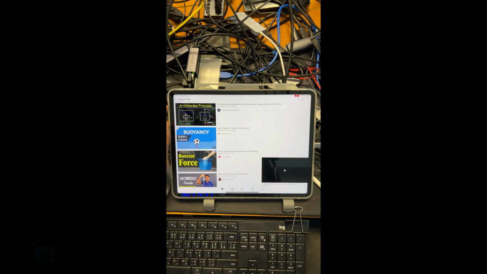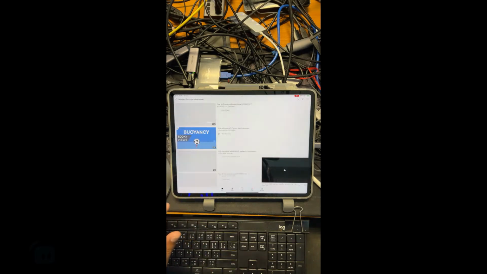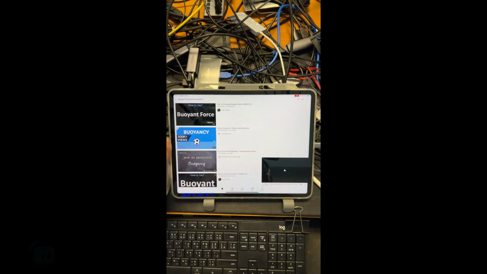And the pronunciation. How to say buoyant force? Again, last time we got stuck with the name of the guy who created the physics principle.